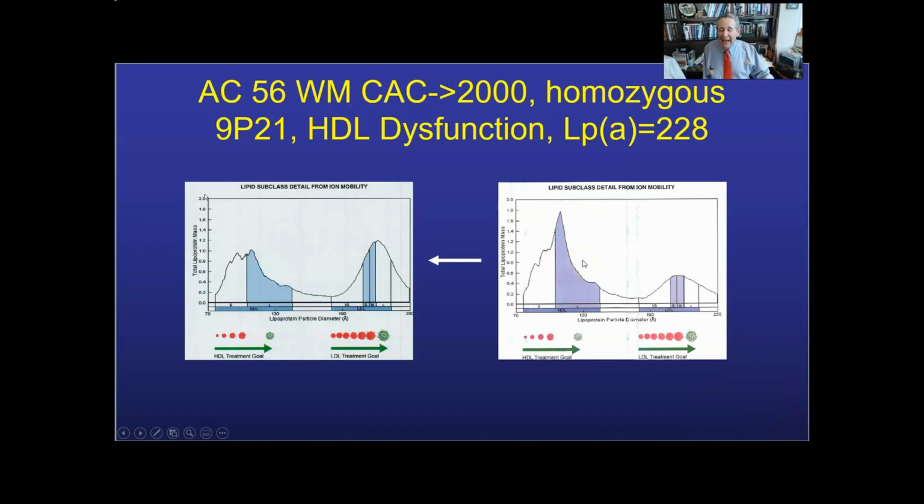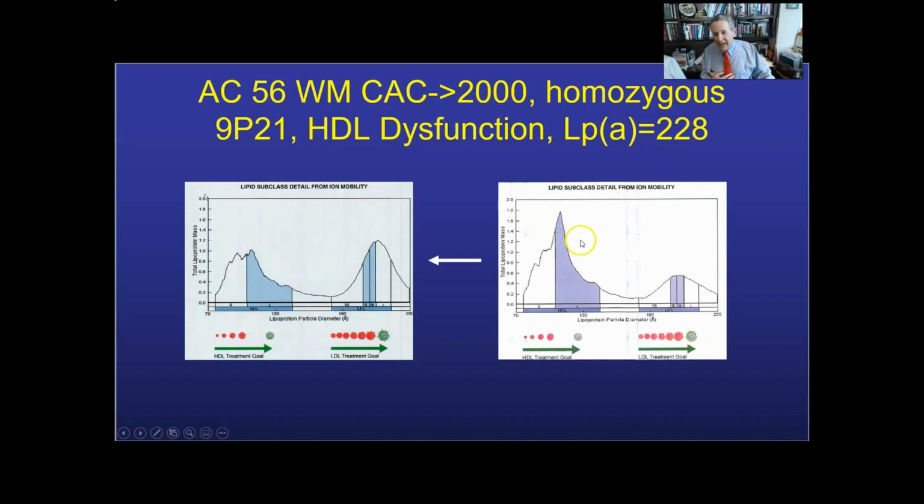But what he has is what we call this HDL bump. He's not clearing his HDL from the bloodstream, not enough SRB1 receptors on his liver, and so the big LDL particles are hanging around, getting oxidized, causing that atherosclerosis. That plus an Lp(a) of 228 is why he has a problem.